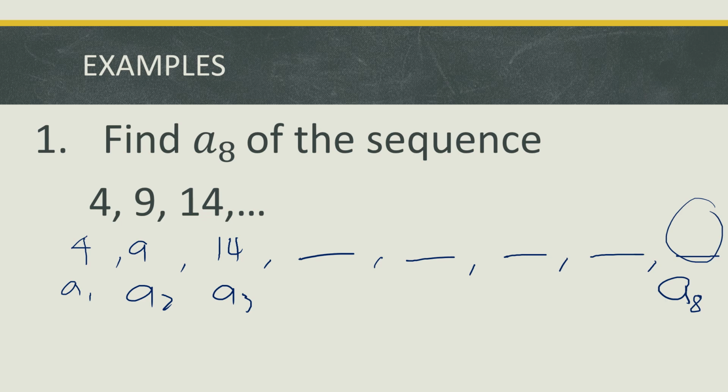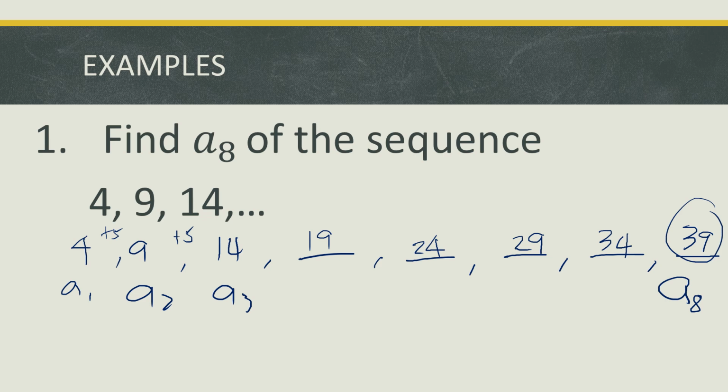Checking the pattern, we are adding 5. So 14 plus 5, we have 19. Plus 5, we have 24. Then plus 5, we have 29. Plus 5, we have 34. And lastly, we add 5 to get the 8th term, and the 8th term, or a sub 8, is 39.